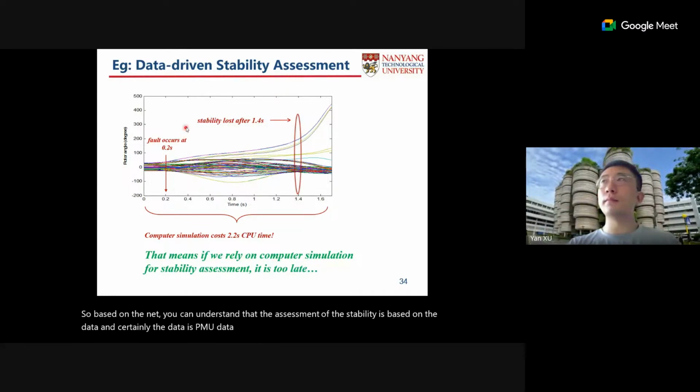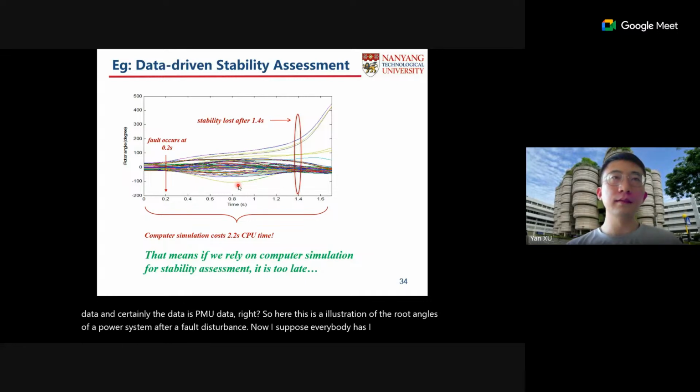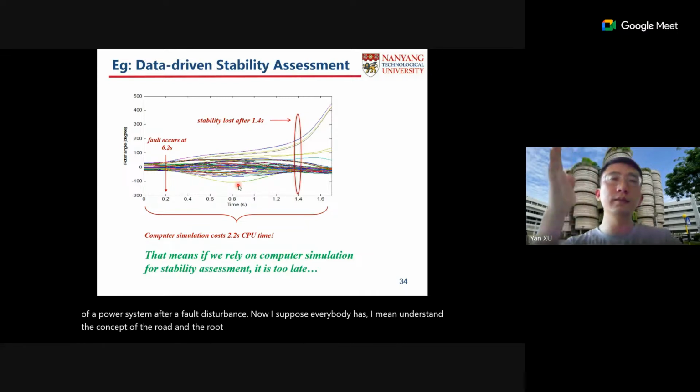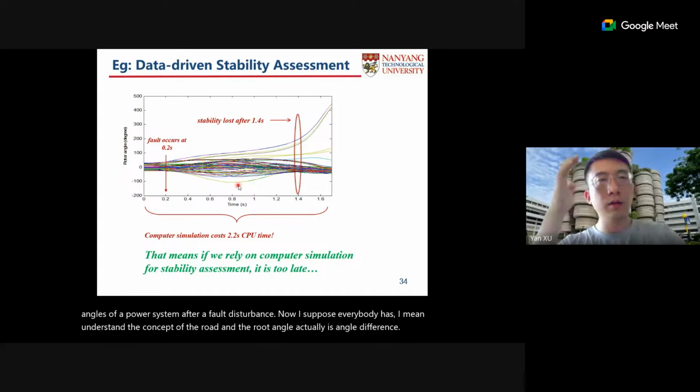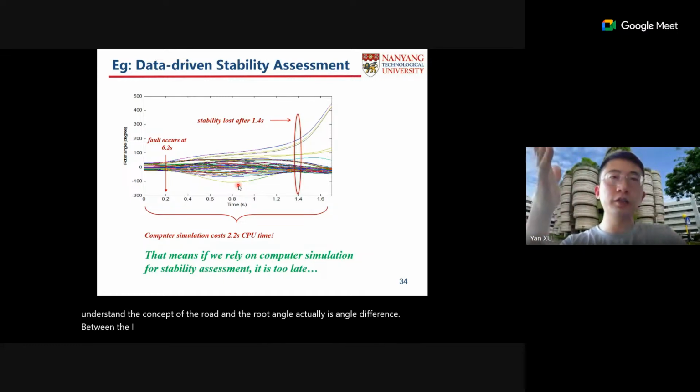So here, this is an illustration of the rotor angles of a power system after a fault disturbance. Now, I suppose everybody understands the concept of the rotor angle. The rotor angle is the angle difference between the generator bus voltage and its internal voltage E, right?